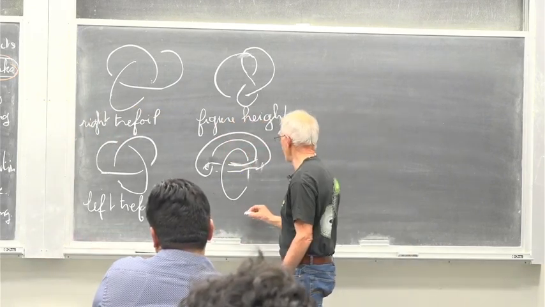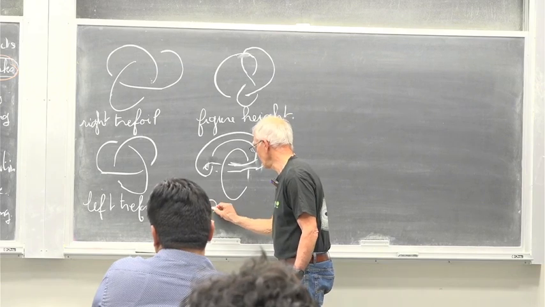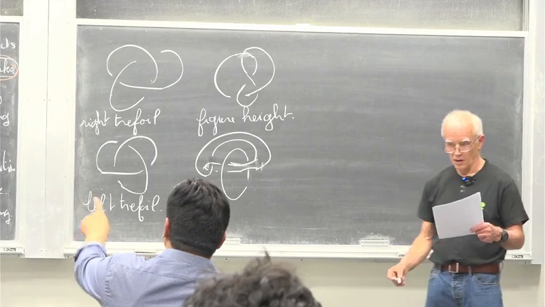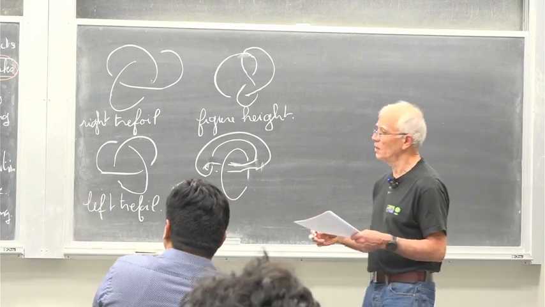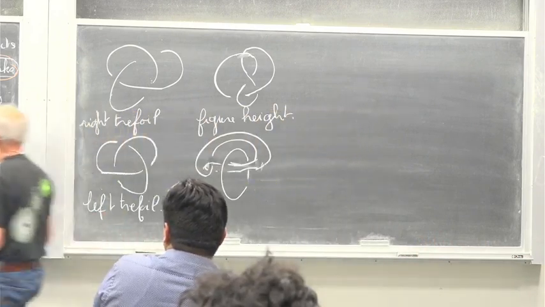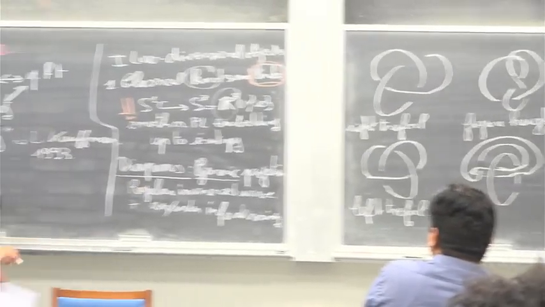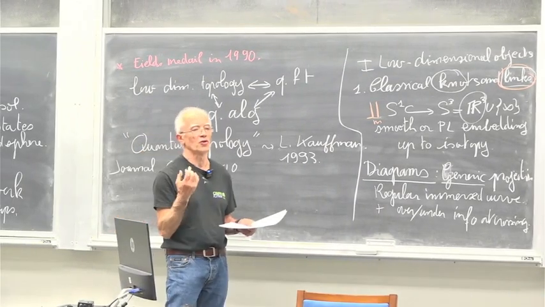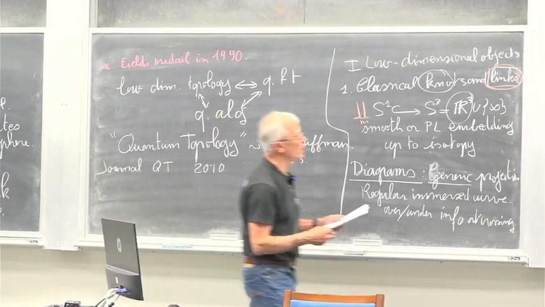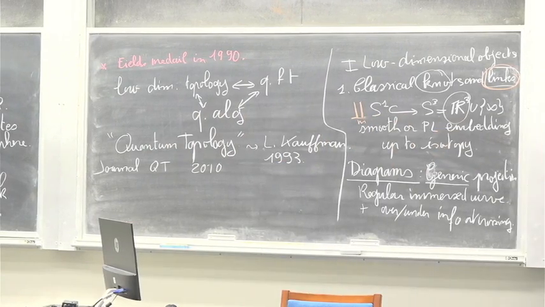You have a most stupid one, which is just this one. When I take this, I mean a disjoint union of S1. I'm embedding a disjoint union of S1.